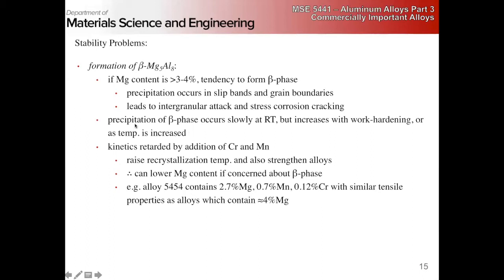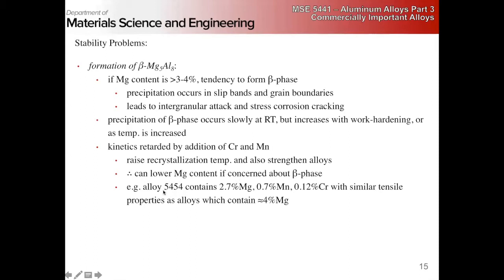We can retard the kinetics of beta formation with the addition of chromium and manganese. Right, this is going to raise the recrystallization temp and also strengthen the alloys. So that means we can get away with a lower magnesium content if we're concerned about beta phase formation.